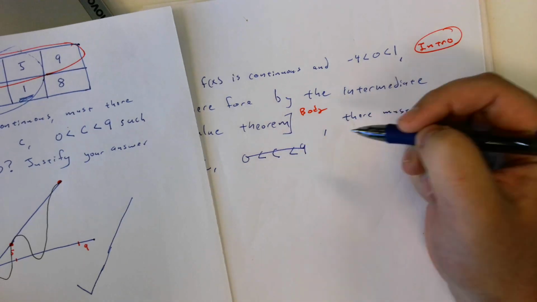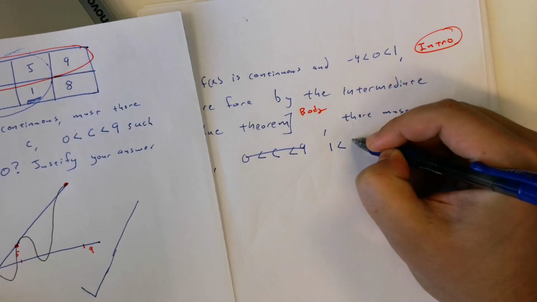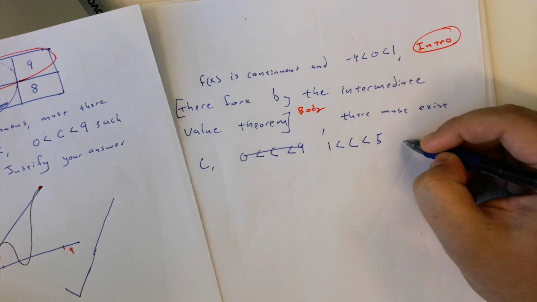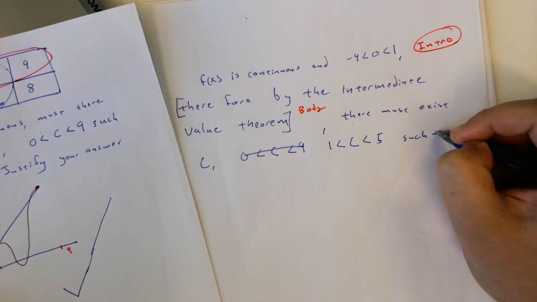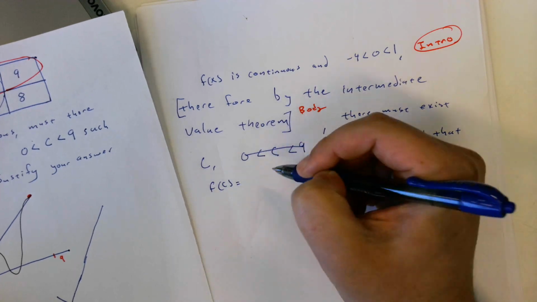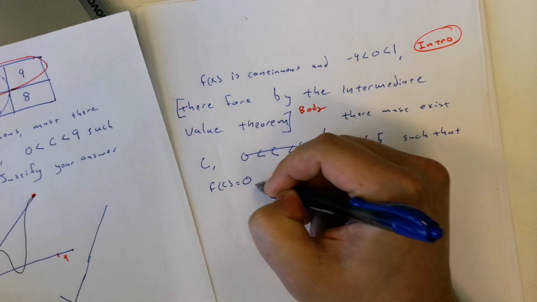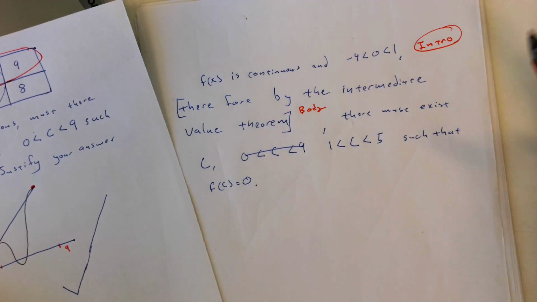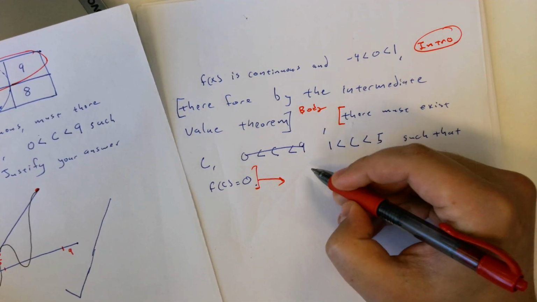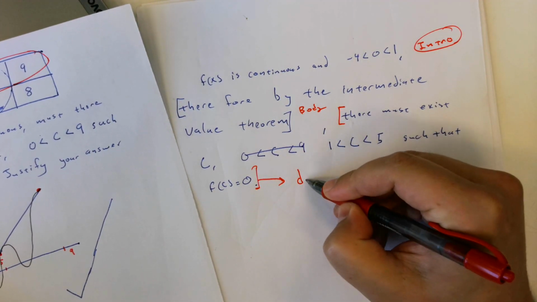Actually, you know what? Specifically, 1 is less than c is less than 5, such that f of c is 0. So this last chunk right here, that's my classic, definitive answer.